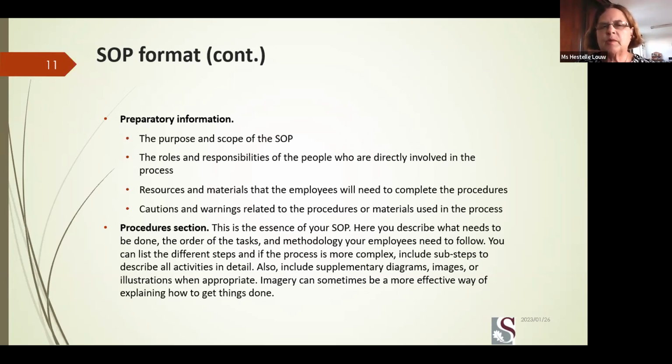And then what I like, and I haven't seen it in SOPs in the hospital, but I think it's important, is that the cautions and warnings related to the procedure or the material used in the procedure are also identified, if there are any warnings that you want to put out. I think specifically about the medication rounds.